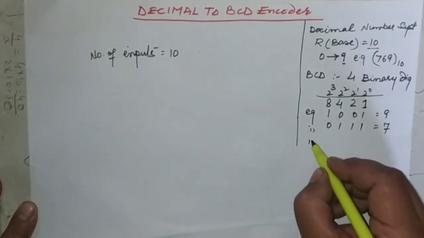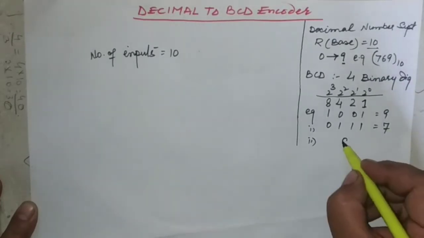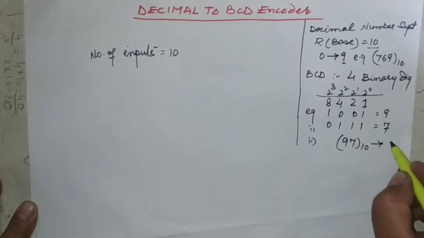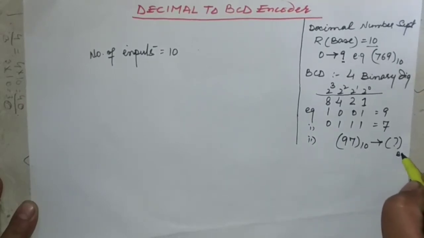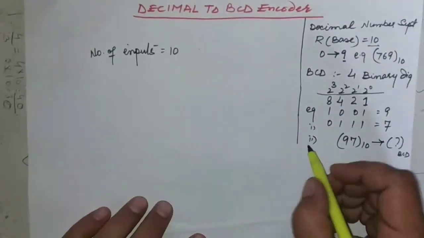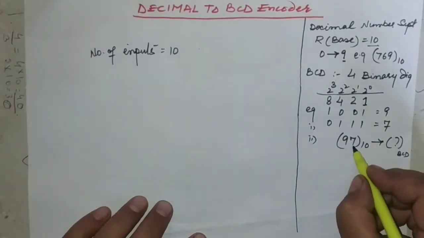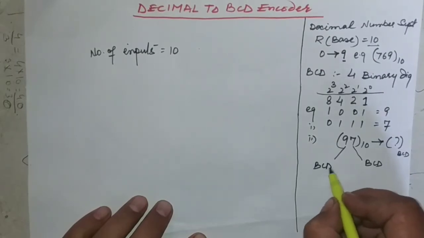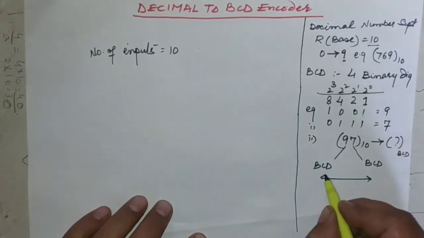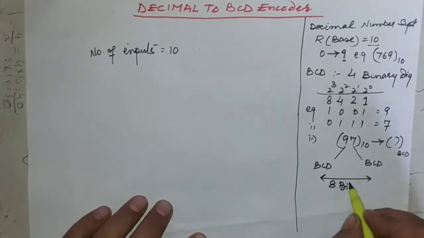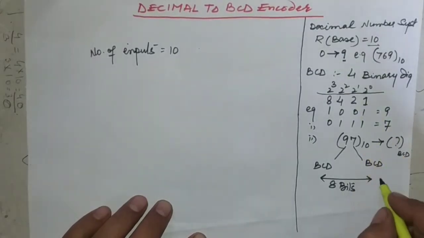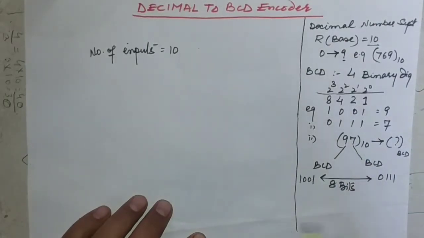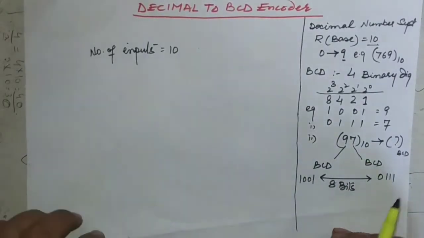But if we need to write, say for example, a 2-digit number like 97, in decimal, and we need to write it into BCD, then we will take these numbers individually, means first 7 will be converted into BCD and then 9. So total of how many bits? Total of 8 bits will be required. 7 we know is 0, 1, 1, 1, and 9 we know is 1, 0, 0, 1. So this is the way how the BCD numbers are represented.